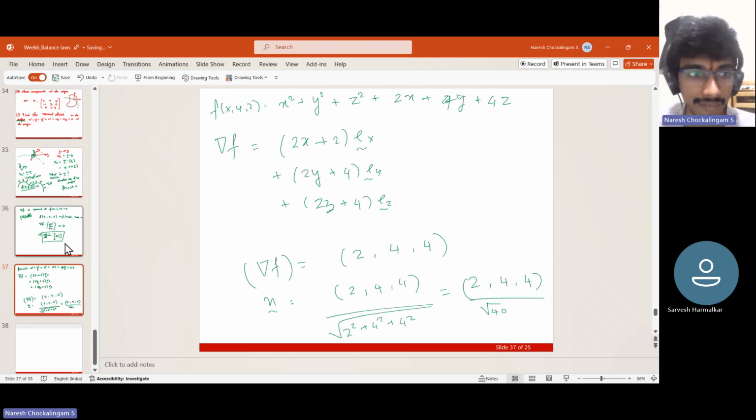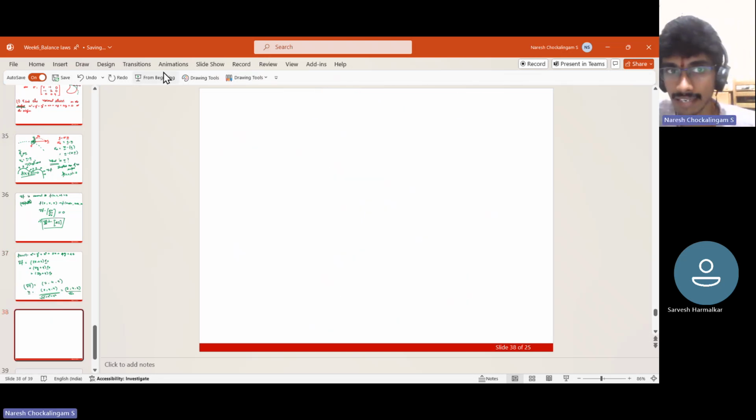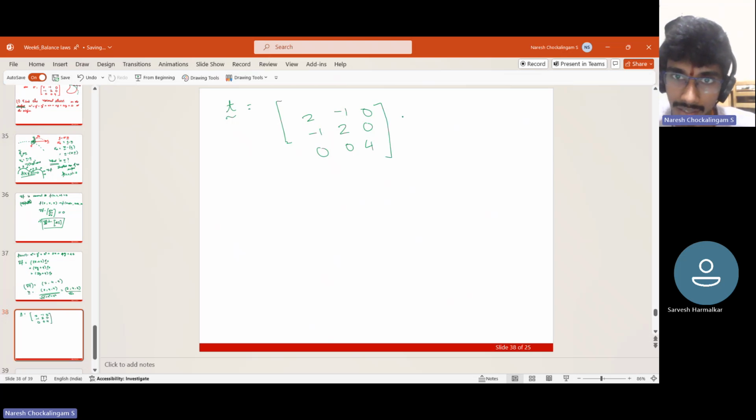Now we are already given the stress at that point, so let us find the traction at this point. The traction is sigma n. Sigma is 2, minus 1, 0; minus 1, 2, 0; 0, 0, 4. The normal is 1 by square root of 40, which is a scalar, times 2, 4, 4.